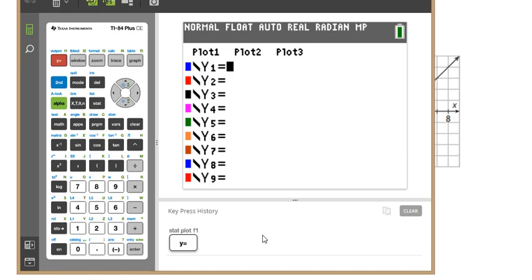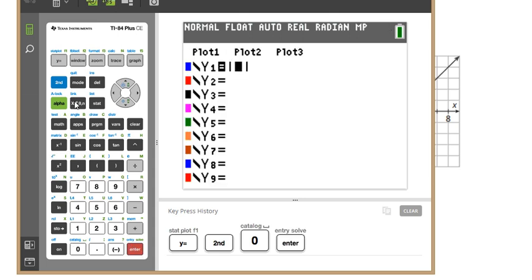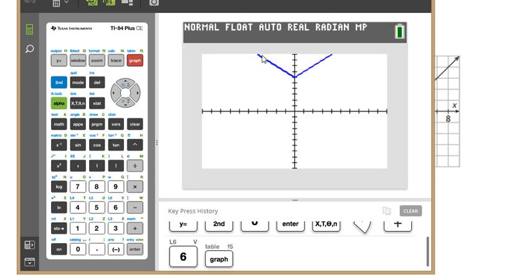So go to the TI-84C calculator and find absolute value. There are a couple of different ways to do it, one of which is second, then catalog down here. And the first option is abs, which is highlighted. Press enter. So we put the x in here, and then we just arrow to the right and put plus 6. And then we graph.